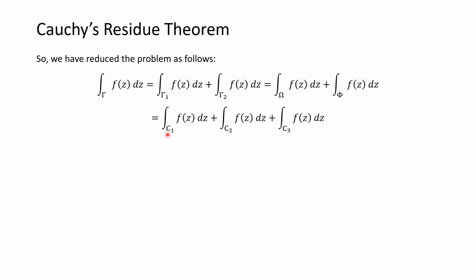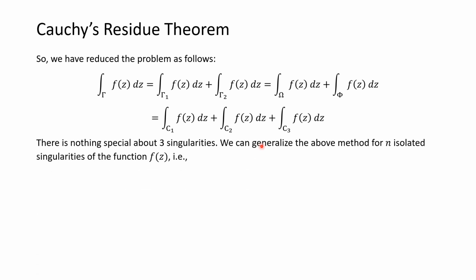And we were just left with these 3 circles to take the integral about. And as I mentioned several times, there's nothing special about 3. We could have had n singularities, and then this would just be the sum over n terms. So we can play the same game with n singularities.